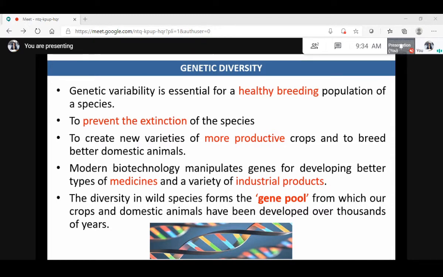Modern biotechnology manipulates genes for developing better types of medicines and a variety of industrial products. The diversity in wild species forms the gene pool from which our crops and domestic animals have been developed over thousands of years.